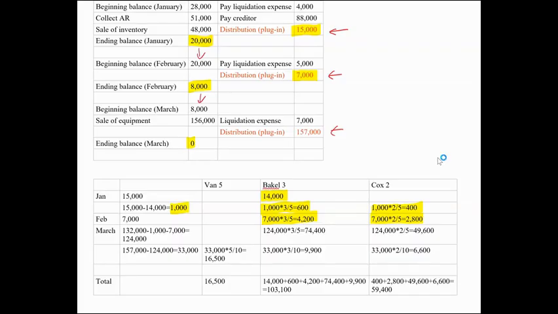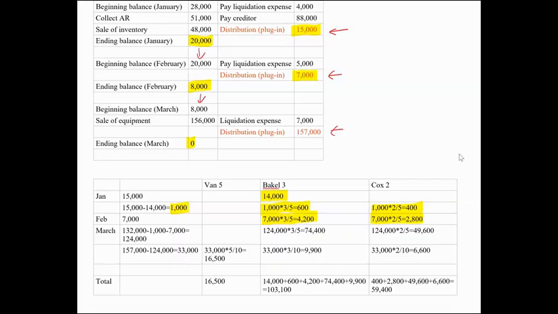In March, in total, they have 157,000. That's a big amount, which means that it's likely they are going to have some available for Van. The first step is to determine how much we need to use for Baco and Cox, which is determined by the total amount they need to cover the remaining.